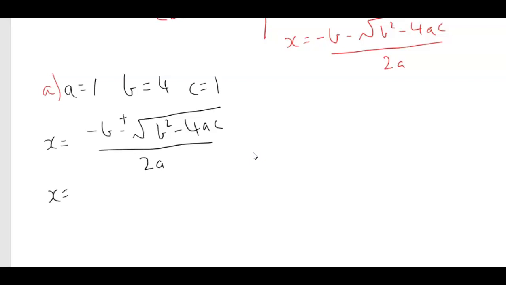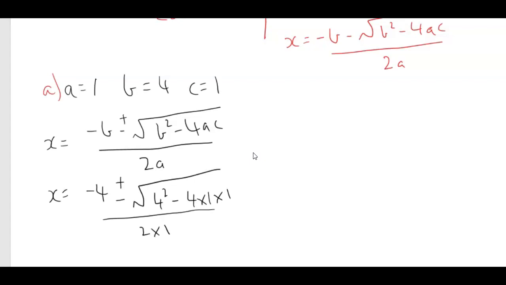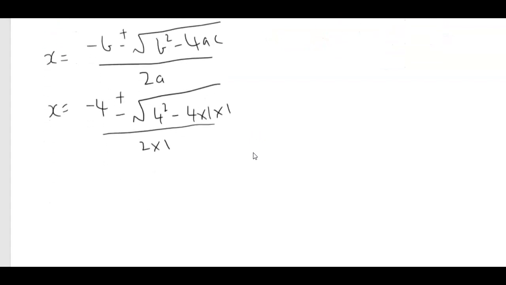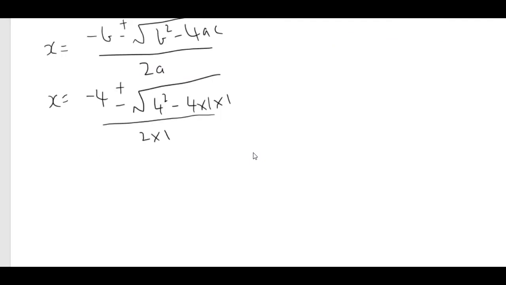See how I've got the x equals? That's because that's your x-intercept. So negative 4, so b is 4, plus or minus b squared, so 4 squared, minus 4 times 1 times 1, over 2a, so 2 times 1. Now, eventually you'll be able to skip that step and do most of that in your head, but let's just keep going.